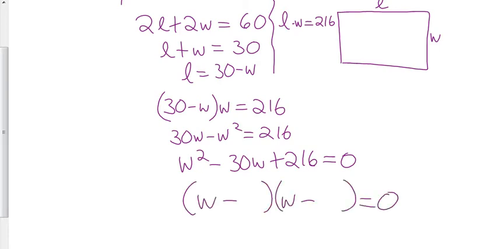If it factors, it's got to be W minus, because we're getting a positive last term. 21 and 9? No, never mind, that's 189. 18 and 12. What's 18 times 12? 144 and 72, 216. Okay, 18 and 12 work.